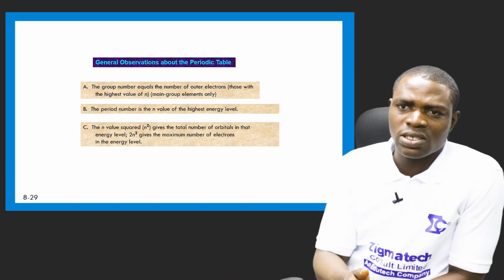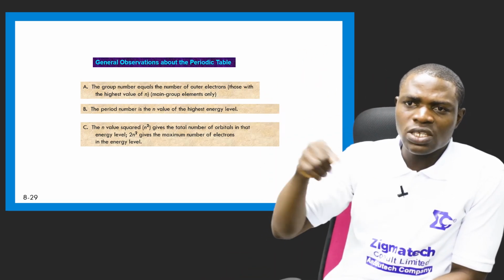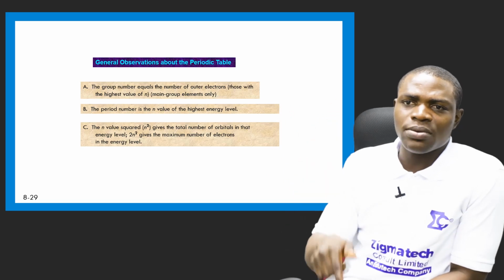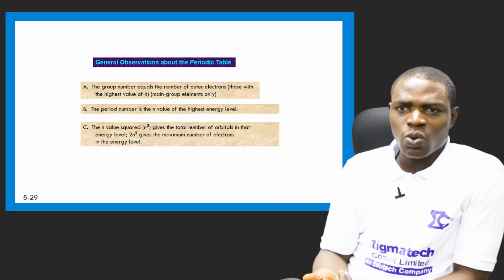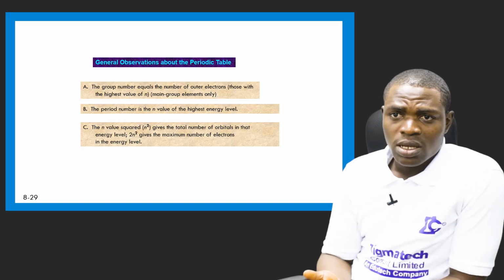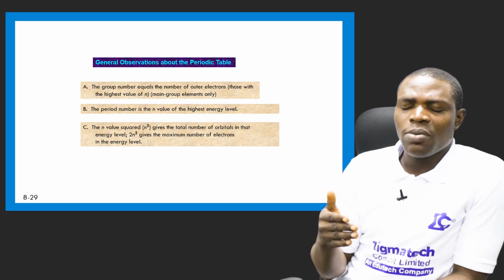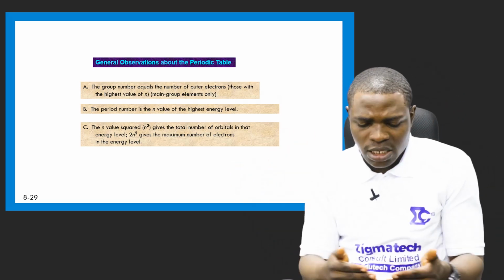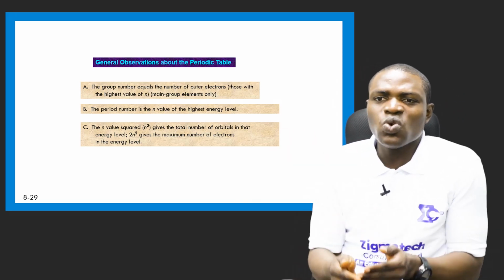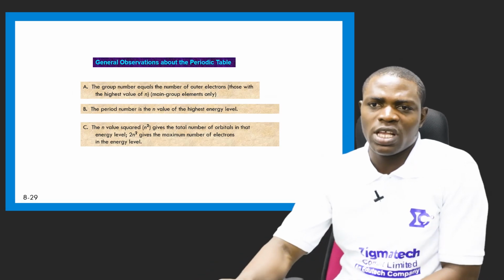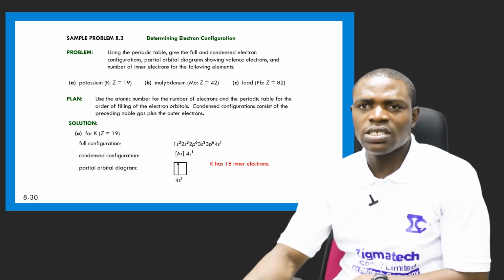So for instance, for s, 2n raised to power 1, 2 times 1 raised to power 2 is what? Is 2. Now for the second one, 2n raised to power 2. If you look at it sequentially, you will see that 2n squared gives the maximum number of electrons in the energy level.